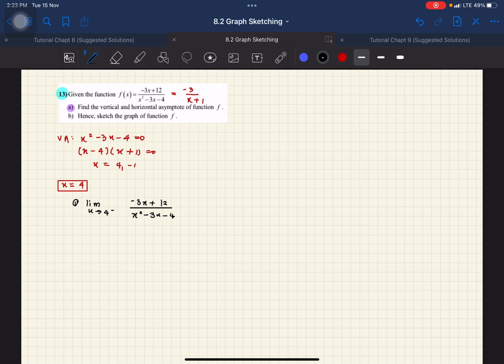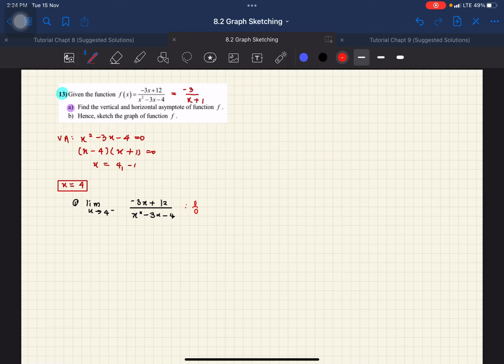When I try direct substitution of 4 into this x and this x, I get 0 over 0. Always remember to direct substitute first. When you get 0 over 0, remember what you have to do.